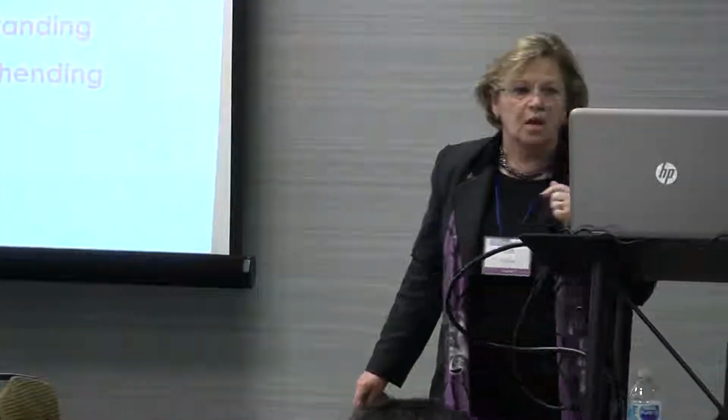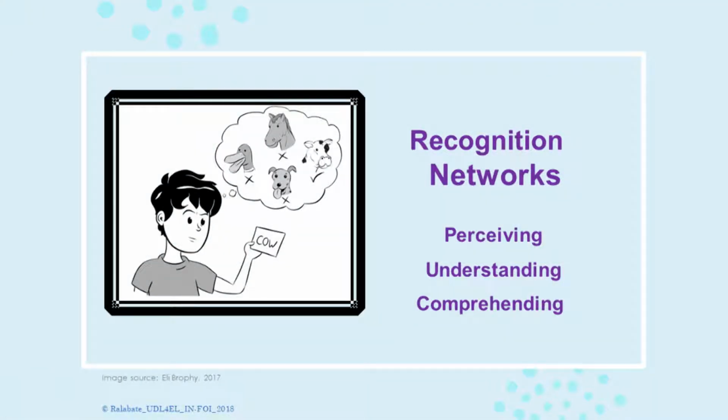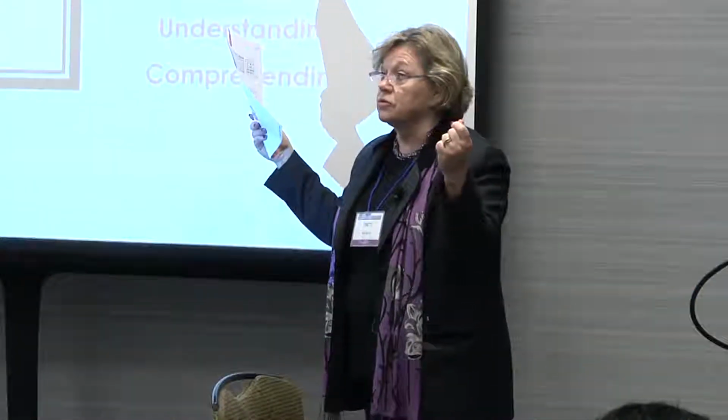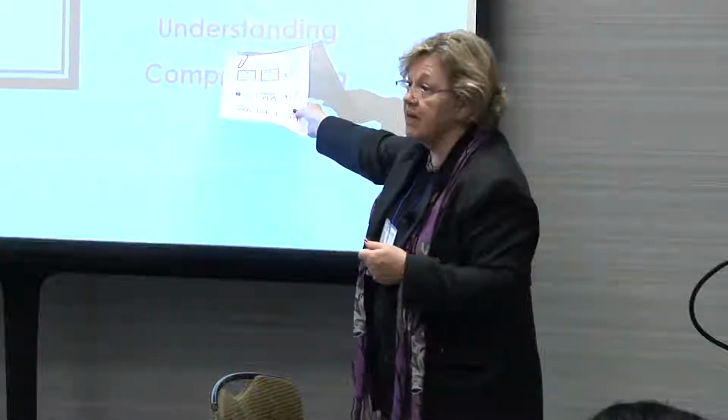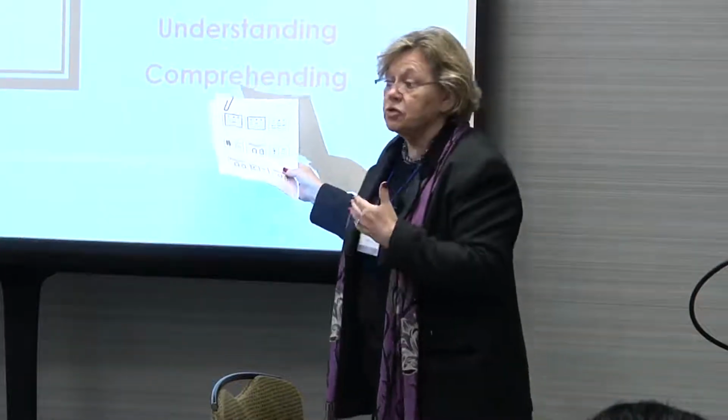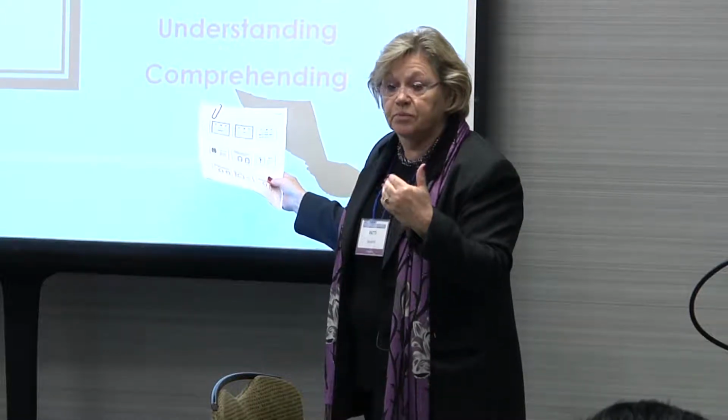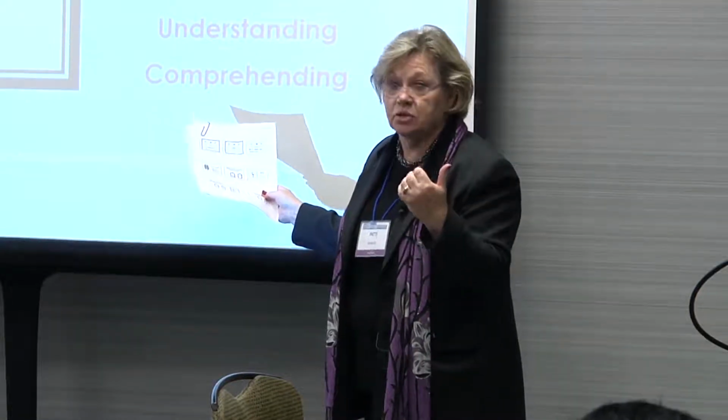Okay, linguistic and cultural experiences impact how recognition networks develop in English learners. True or false? True. Yes? Okay. Yes, they do. And when you really think about that, in addition to the fact that they're trying to translate language as they're perceiving and understanding it, we also know that different cultures build up different systems of comprehension.